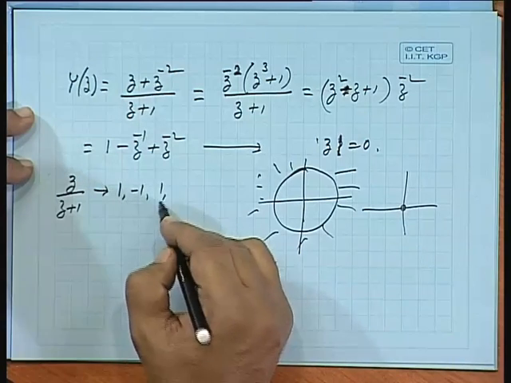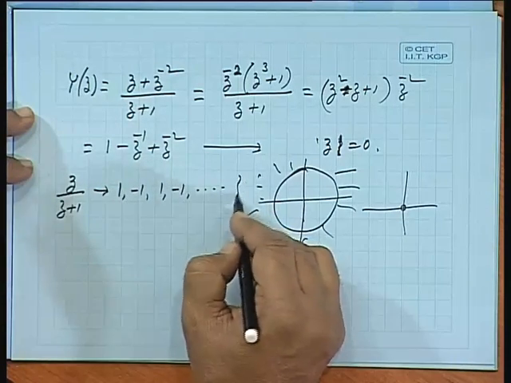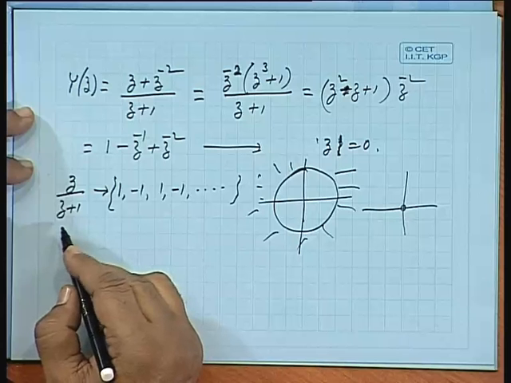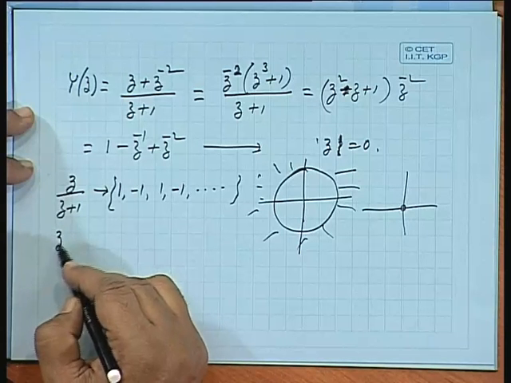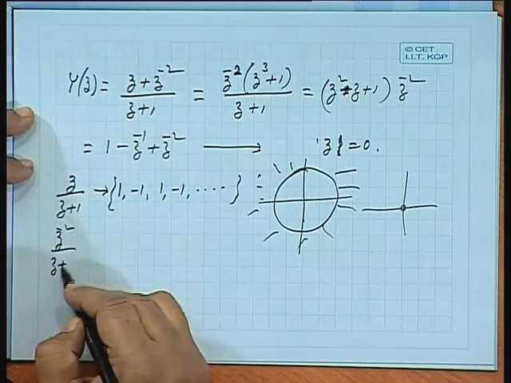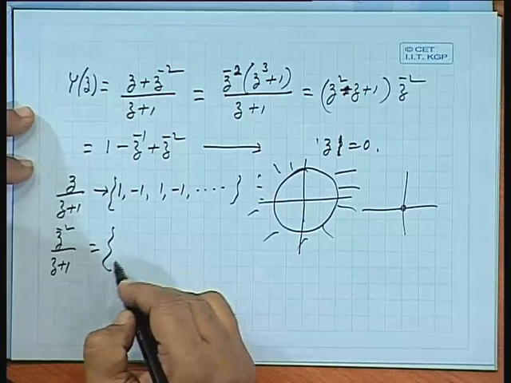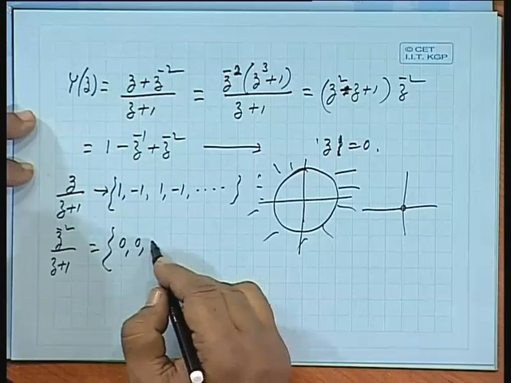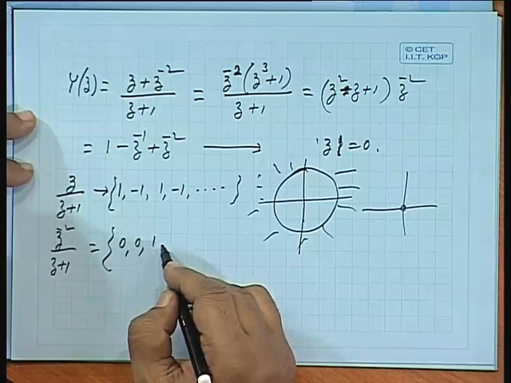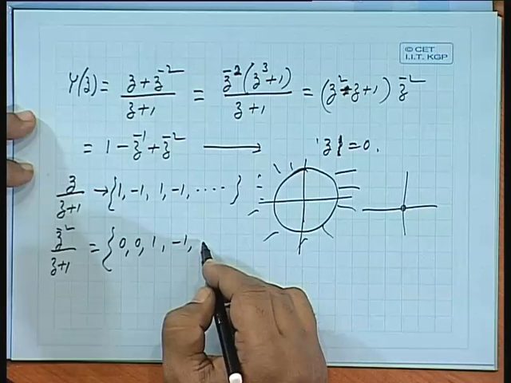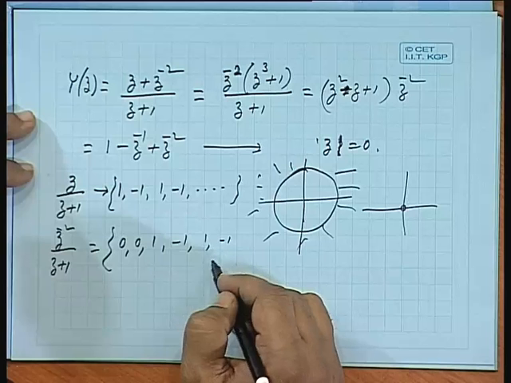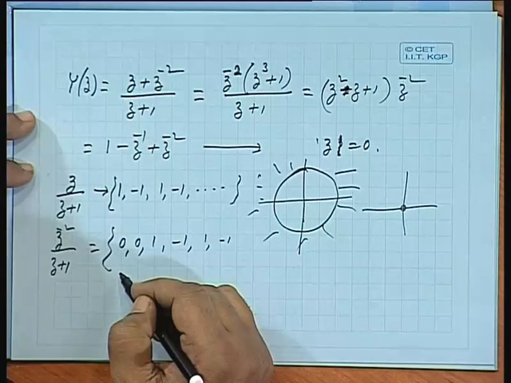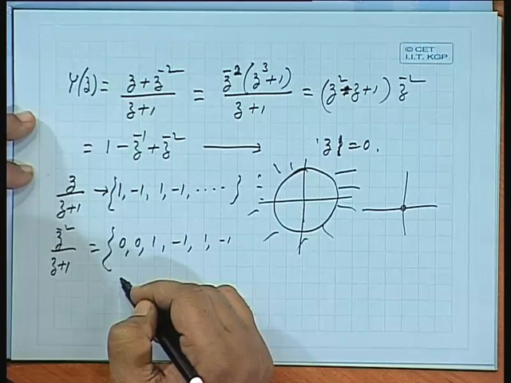Alternately changing the sign, okay, and z to the power minus 2 by z plus 1, what is it? 0, 0, and then 1 minus 1, 1 minus 1.